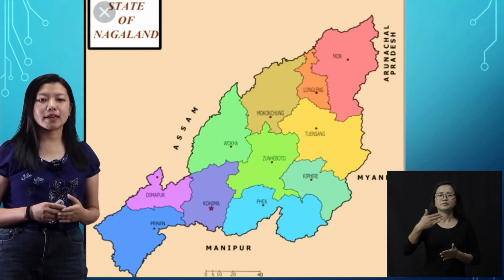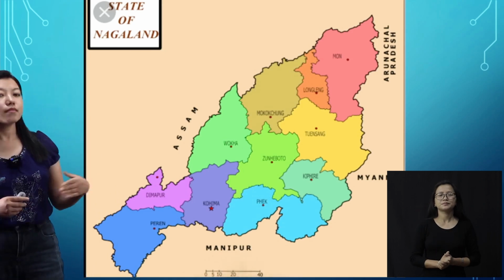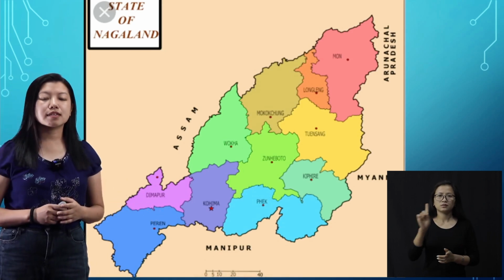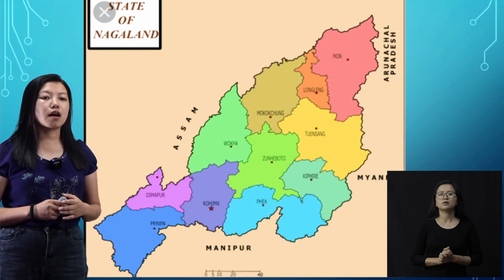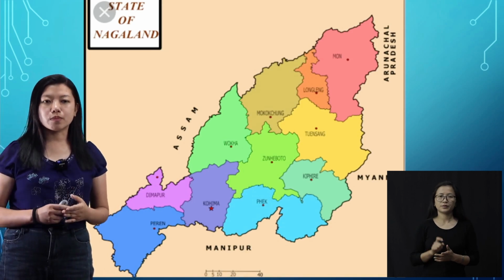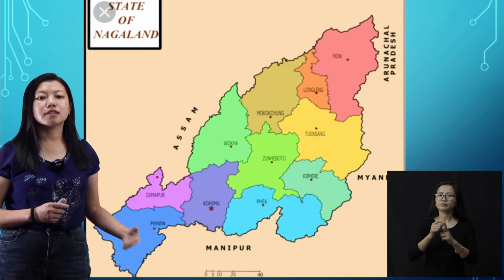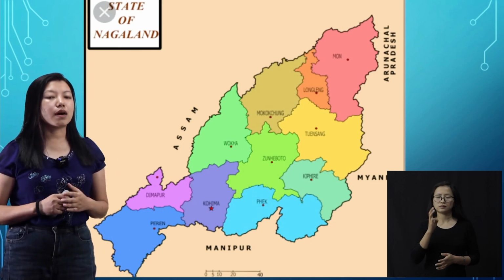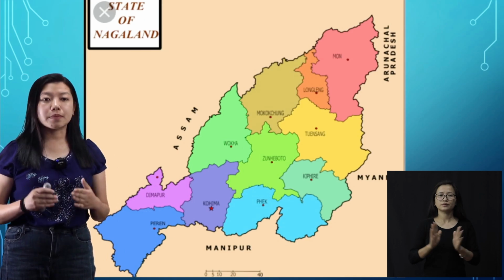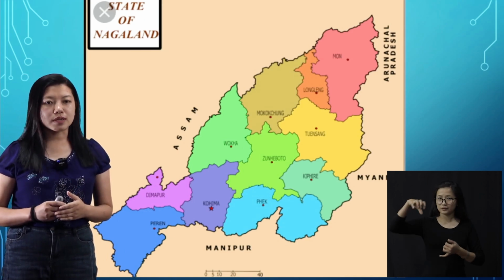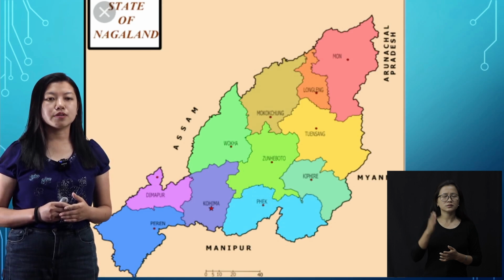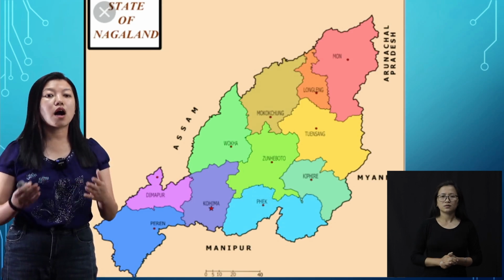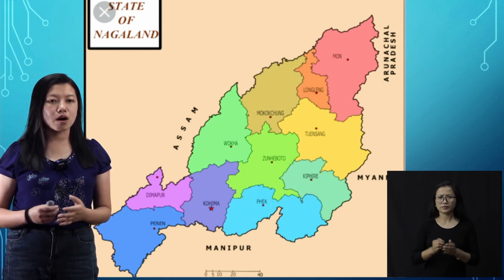So let's go back. Here we have 11 districts, and some of these districts are Kohima, Dimapur, Phek, and Wokha, okay? So apart from our districts, we also have neighboring states. If you don't know what a neighboring state is, let me tell you that if you walk out from your door, you see so many houses, right?